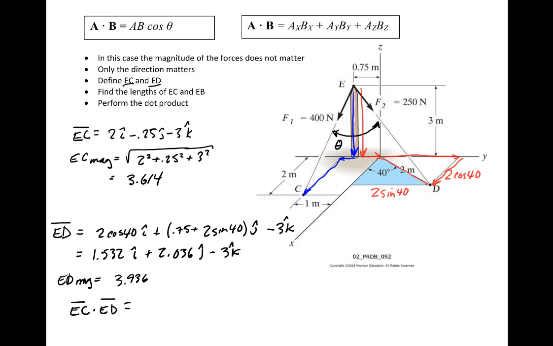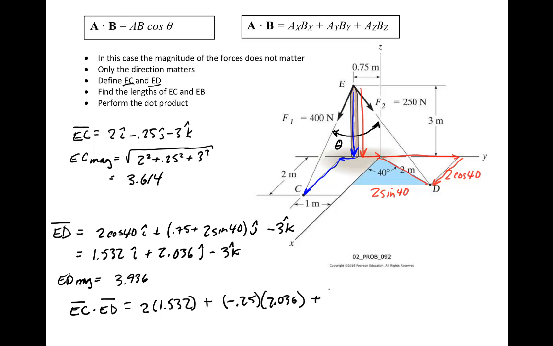is going to be equal to the magnitudes of the x components. So that's going to be 2 times 1.532, that's the magnitude of the x components. We're going to add that together to the y components, so that'd be negative 0.25 times 2.036, and then the k components or the z components.